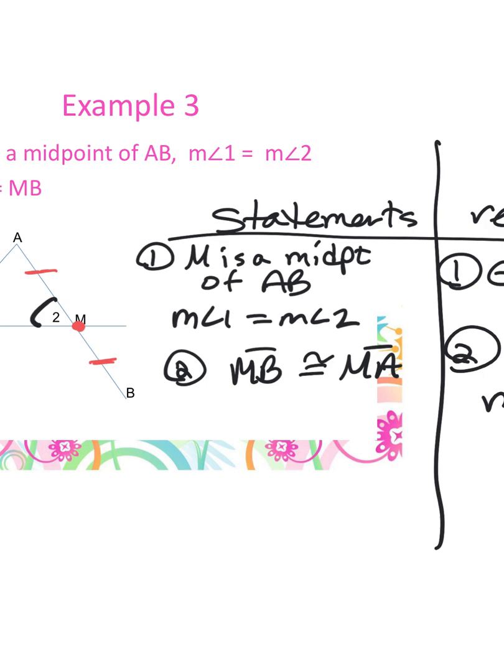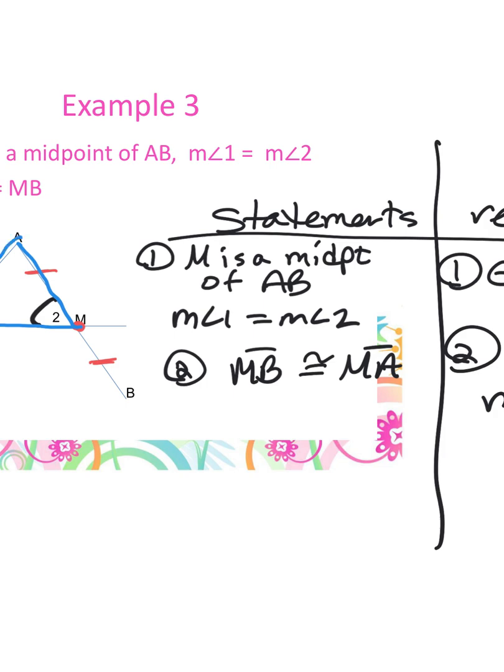The next thing I'm going to state is that since I have base angles that are congruent, I could also state that the sides or the legs of my triangle are also congruent by the base angles converse. Because what I'm talking about is this isosceles triangle right here.